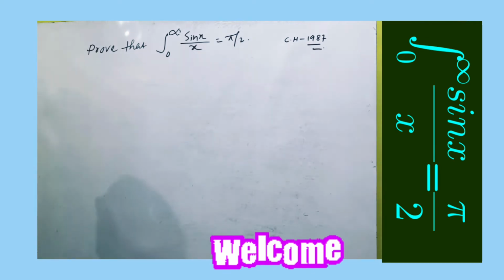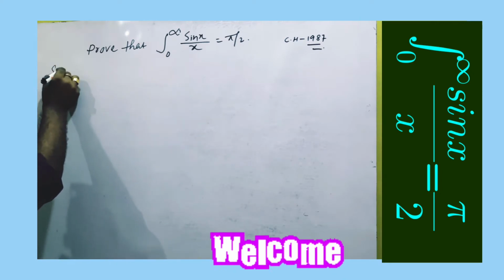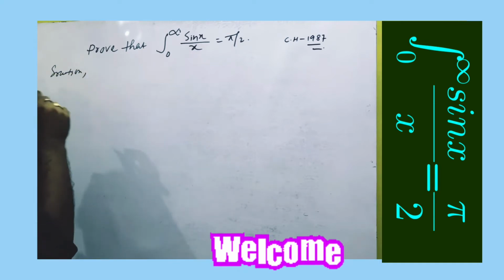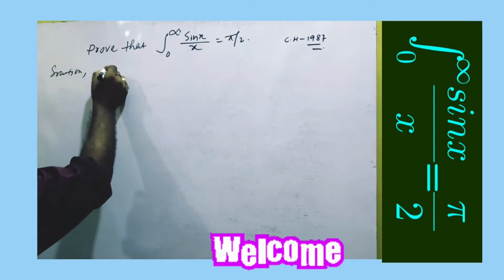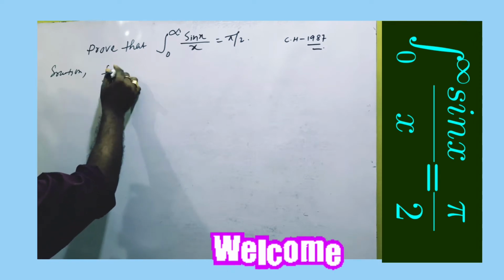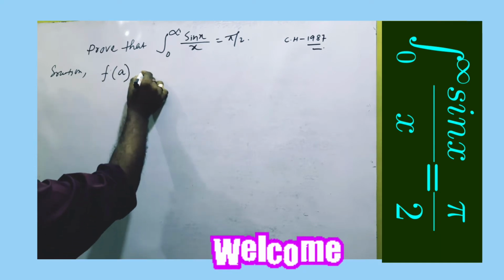So the technique here, let us assume a function like that, related to an arbitrary constant, which is called a parameter. So see, this is f of a. Okay, a is a parameter.